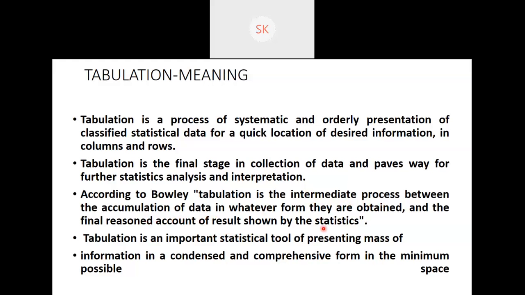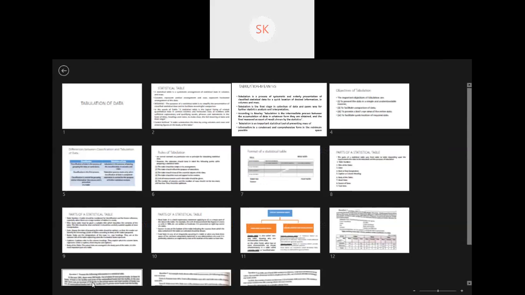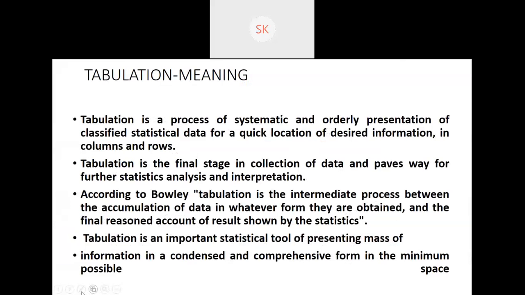So once you get the data, no matter in whichever form you get it, you will immediately arrange the data and tabulate. So the process goes like this. First you collect the data.